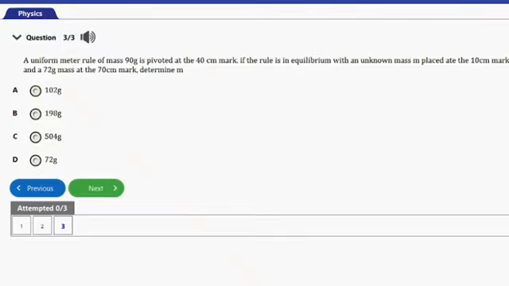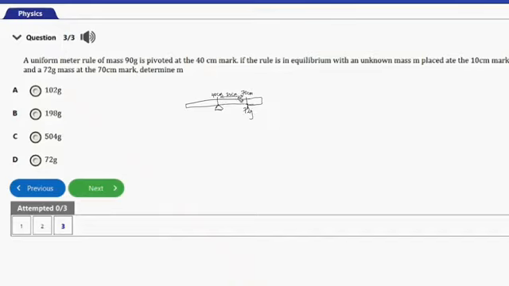So guys, actually using the principle of moments, the clockwise is equal to the anti-clockwise. We are going to have that since the meter rule is 90 grams and it is pivoted at the 40 cm mark, and then we have another mass of 72 grams that is placed at mark 70.